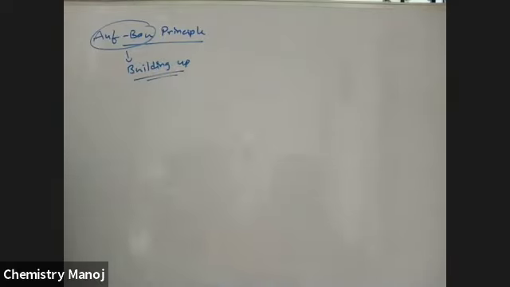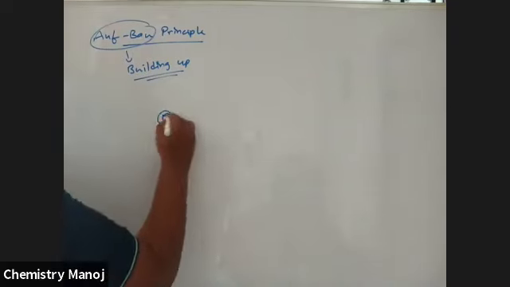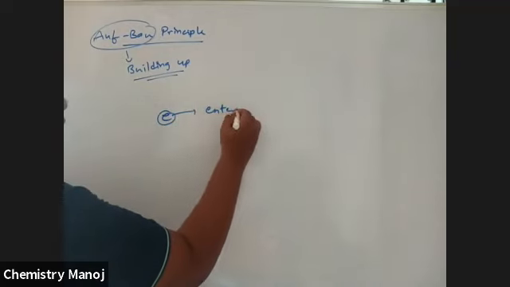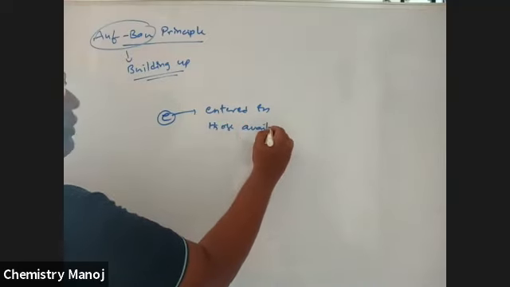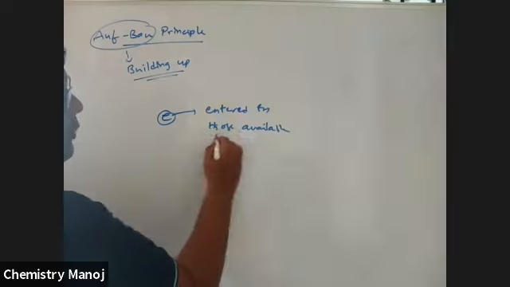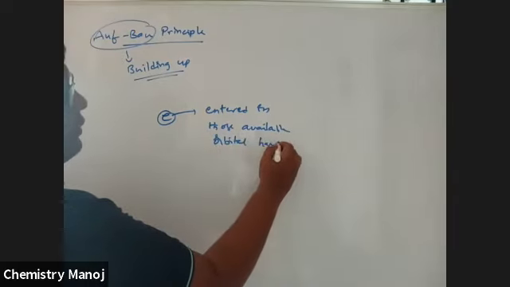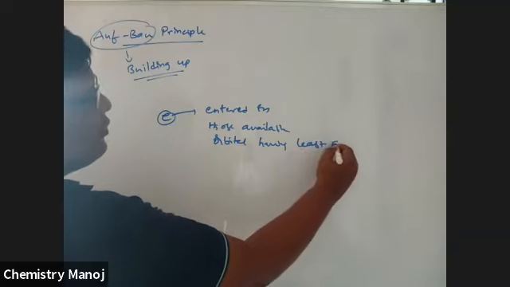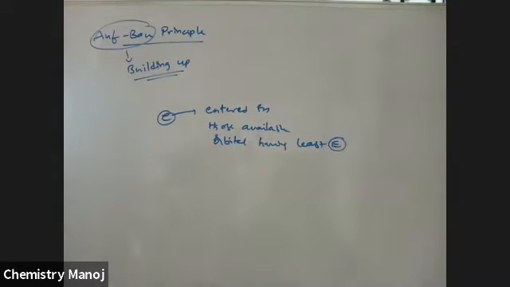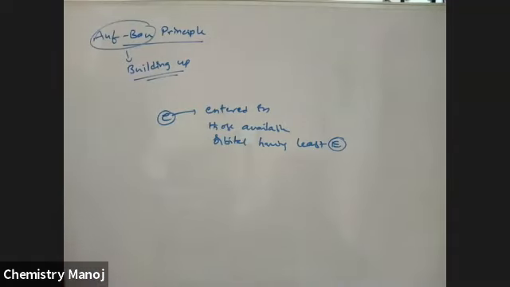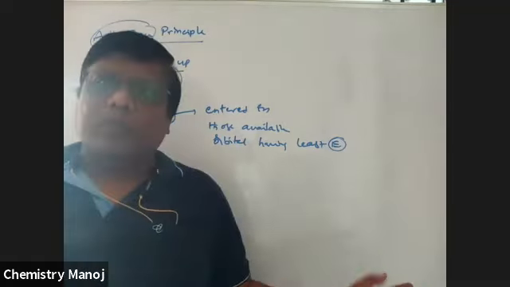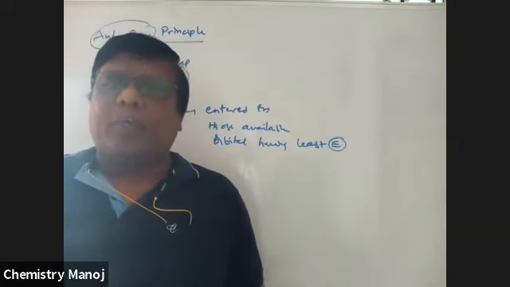According to this rule, electrons first enter those available orbitals having the least energy. The least energetic orbital is filled first, and then the next. That is, electrons are filled in energy increasing order. How do you identify that energy increasing order? Either by using the Aufbau diagram, or the n plus l rule, or the n rule, whatever you want. It is for multi-electron systems, my dear boys, not for single electron systems.